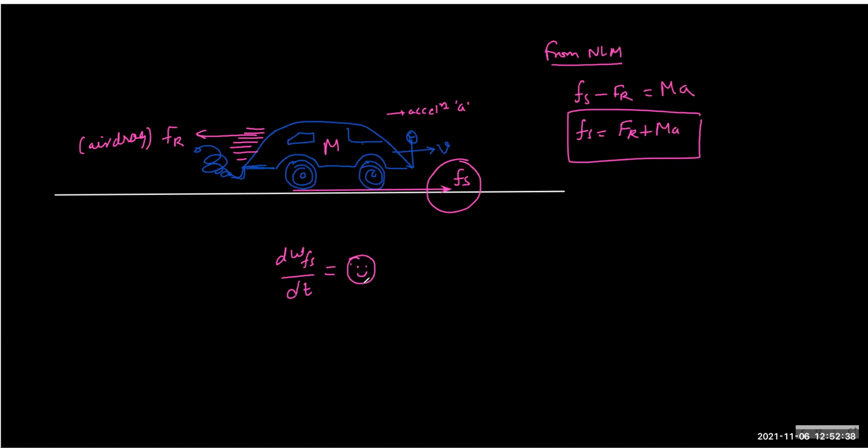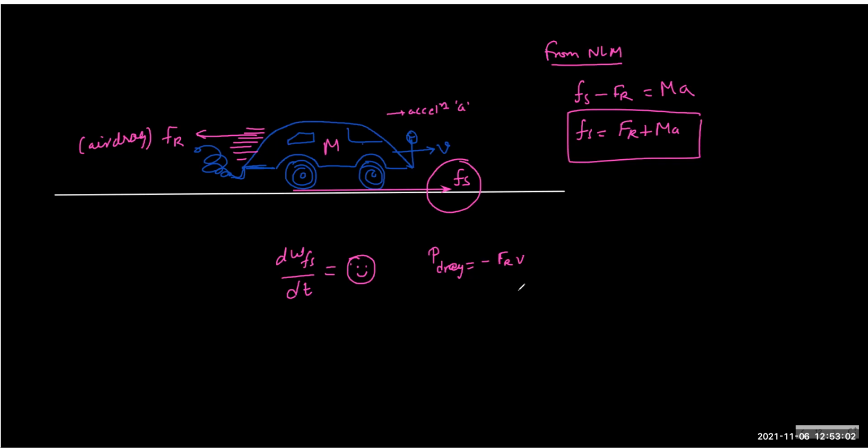What about the drag force? The drag is acting opposite, and you can see that the power of the drag force is minus drag times v. It is taking away the energy, so it is kind of sucking the energy.